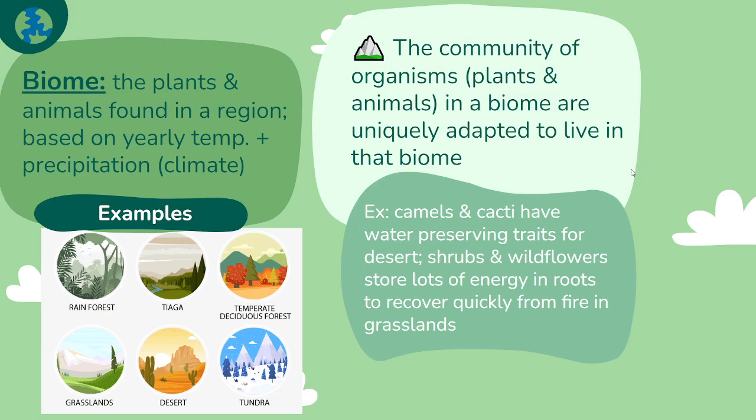Within each biome, because of the temperature and precipitation, we're going to find specific and sometimes unique organisms, whether adapted for warmer or cooler climates, or adapted for the precipitation that happens to fall. If we have large amounts of precipitation annually, or drier climates that don't get as much, all of the plants and animals in these areas are going to have their own unique characteristics based on that.